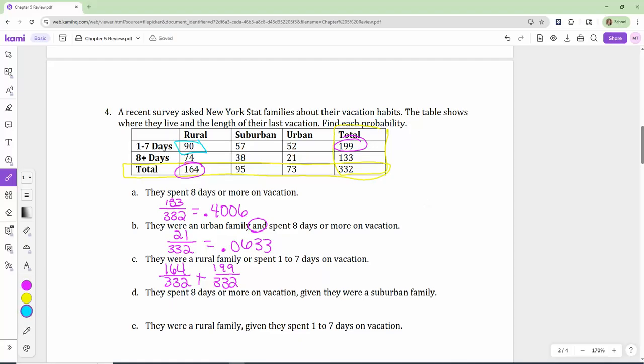I had 90 people that fit into both of those groups. So what do I have to do with that? Maybe you didn't double count them because you just physically went through and added up numbers in the table. That's also an option. But if I'm just using those totals, I have to subtract the ones that got double counted.